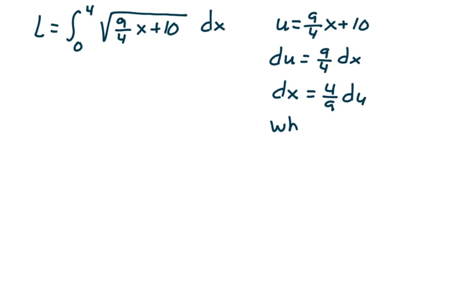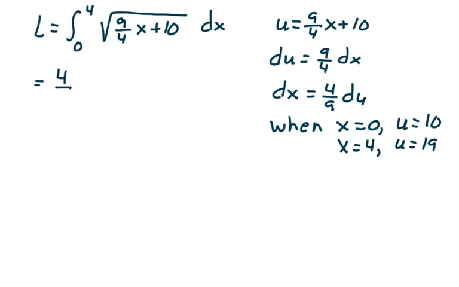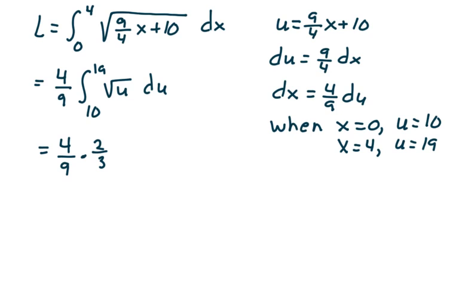Now, when x is 0, u is 10. When x is 4, u is 19. And so this is going to be 4/9 the integral from 10 to 19 of the square root of u du, which is 4/9 times 2/3 u to the 3/2, and I'm going to evaluate from 10 up to 19.